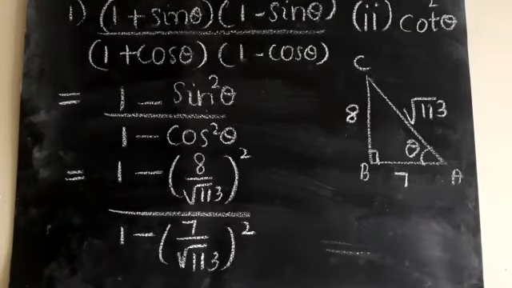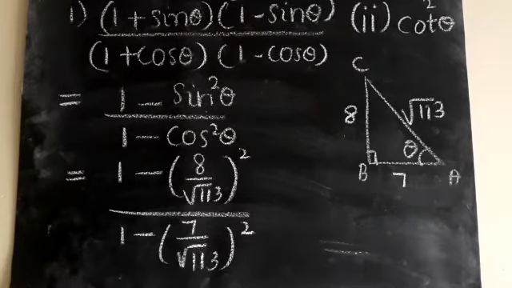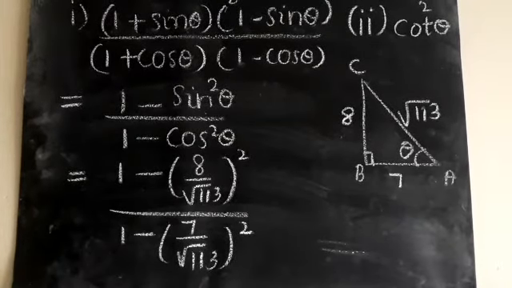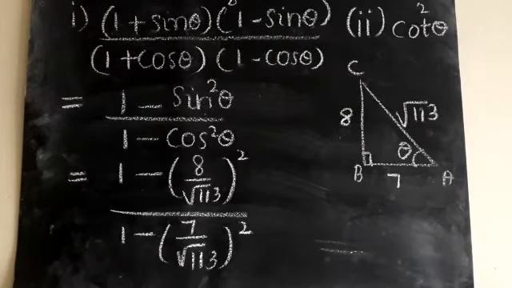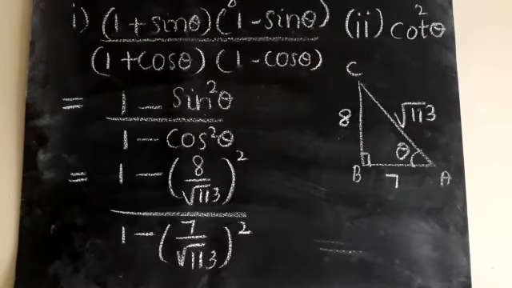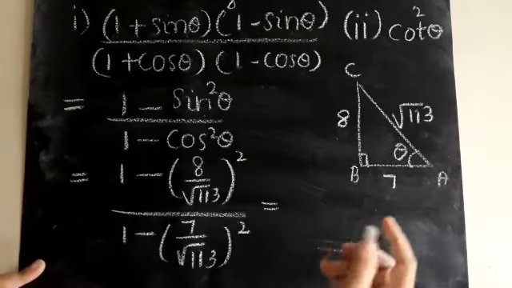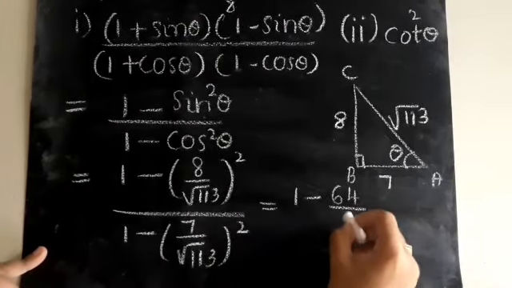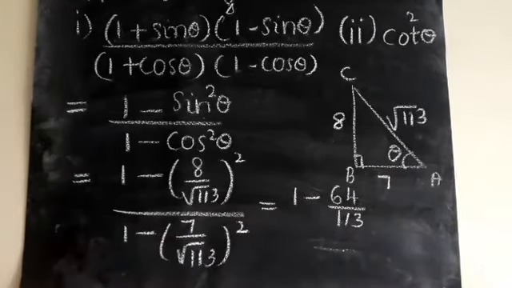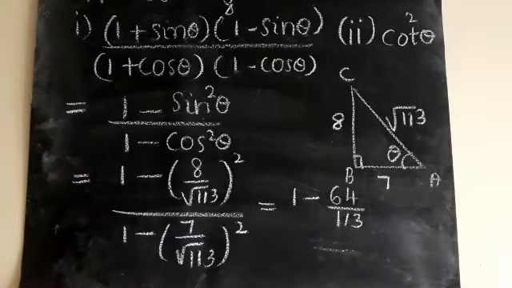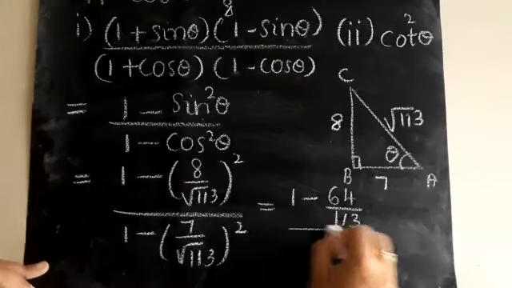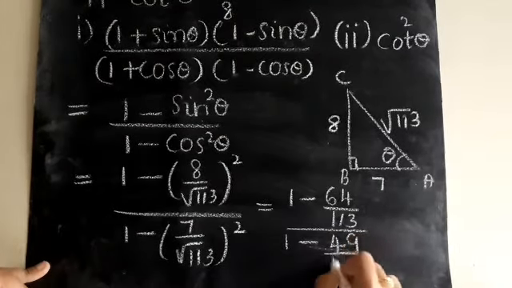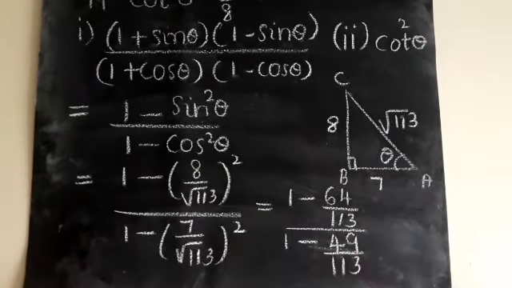Now the calculation part. Next step: 1 minus 8 by root of 113 whole square. How to calculate? 8 square is 64. Root of 113 whole square is 113 itself. So 1 minus 64 by 113. Now the denominator also, 1 minus 7 square, 49 by 113.